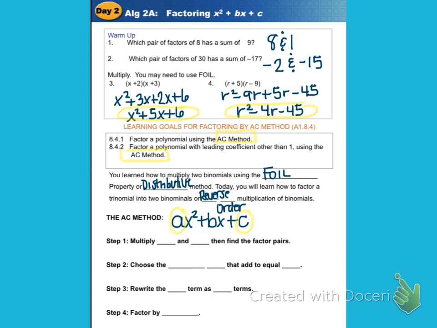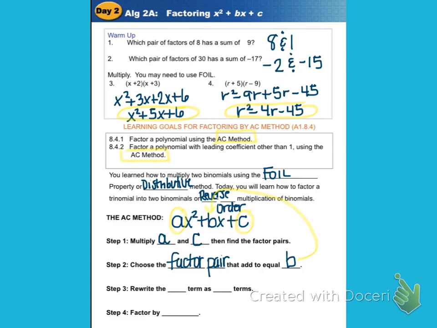So in the AC method, we first multiply the a and the c and then find the factor pairs of the product. Next, we choose the factor pair that add to equal b, which is that coefficient of the x term in the middle.